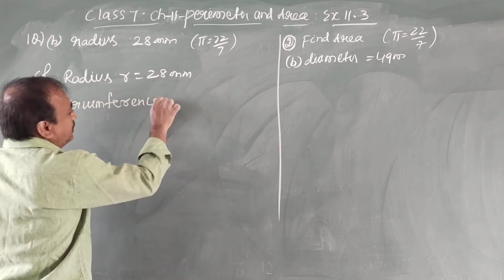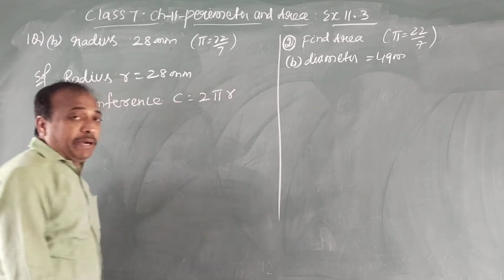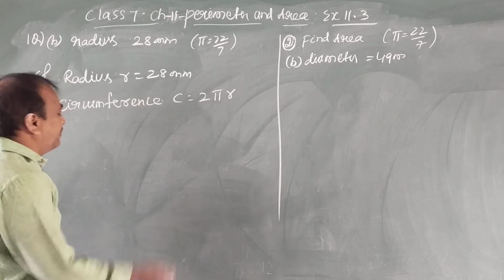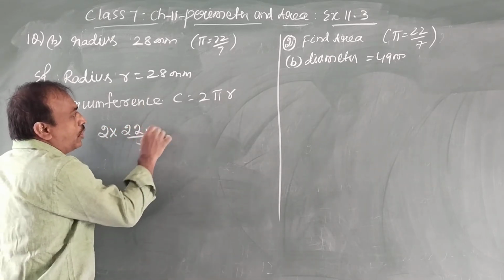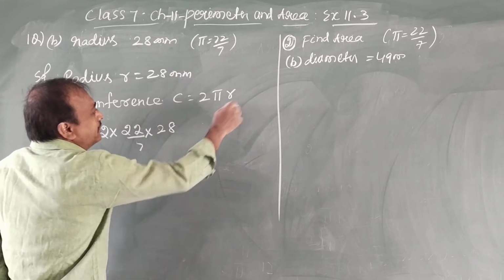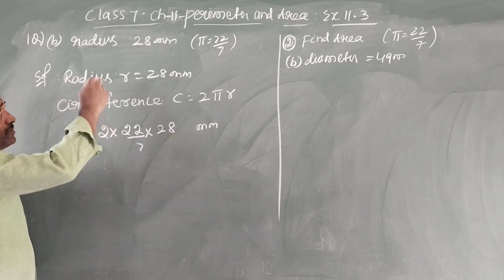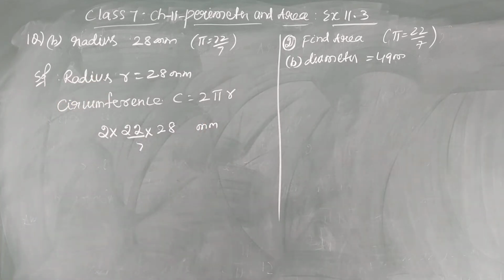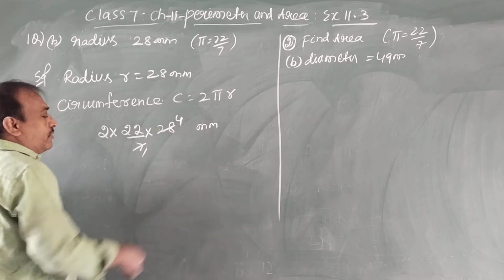Circumference C is equal to 2 pi r. The pi value is 22/7, so 2 into 22/7 into r, and the r value is given as 28. The units will come as it is, millimeters; if it is centimeters we write centimeters, if it is meters we write meters. 7 fours are 28.